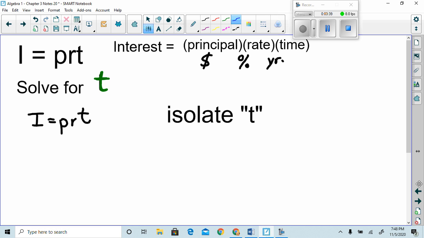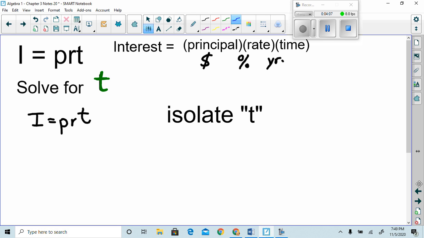Here we have the simple interest formula. Interest is money that you either earn or owe based on the amount of money, a rate, and a time. So principal is the money, rate is a percent, and time is in years. What if I was investing money at a rate of 3%, and I know how much interest I was accruing, and I need to know how much time it's going to take to get that.